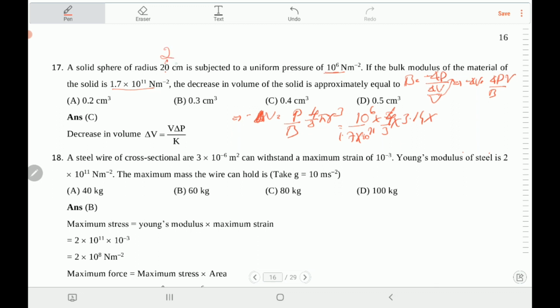Radius can be written as 20 centimeters, divided by 100, becomes 0.2 meters, and that is 2 into 10 power minus 1, whole cube. Now you simplify using proper conversion of powers. You get a value around 0.2. You try the simplification on your own. While doing the simplification, you separate out the value to be multiplied: 3.14 into 2 cube, 8, divided by 1.7, and the power.